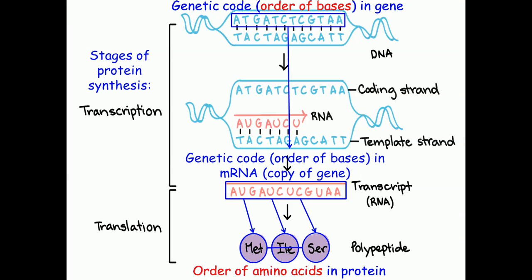And that order of amino acids makes the polypeptide chain, which will fold into the protein. So the order of bases provides the instruction to put amino acids in the correct order to make the protein.